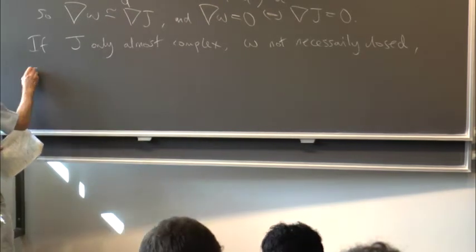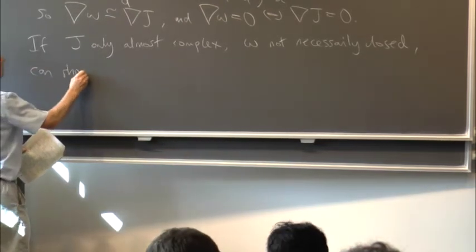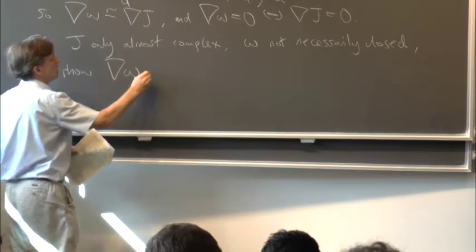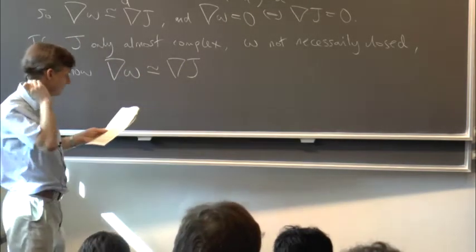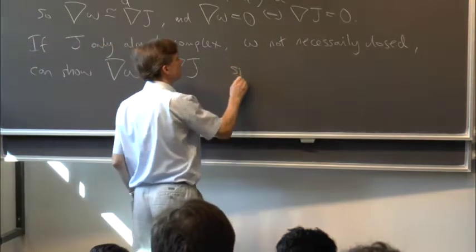Then you can show that nabla omega, or more or less equivalently nabla J, splits into two components.